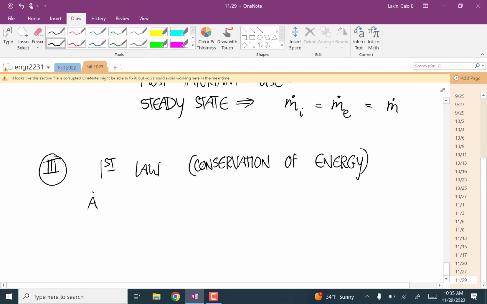The first way we saw this was the change in total energy is equal to the energy added through heat minus the energy output through work. This is over a finite amount of time.